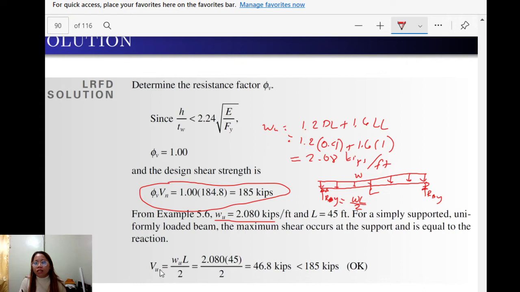So the V sub U or maximum shear is WL over 2, or the uniform load 2.08 times the length of the beam divided by 2. And it was found out that the answer is less than the design shear strength, which is okay. So this is okay. This is for the LRFD solution.